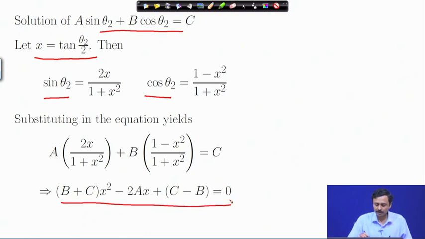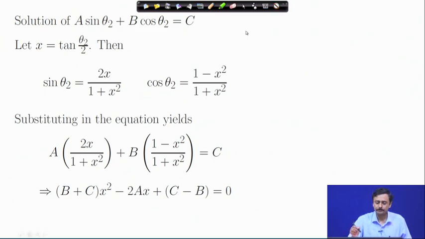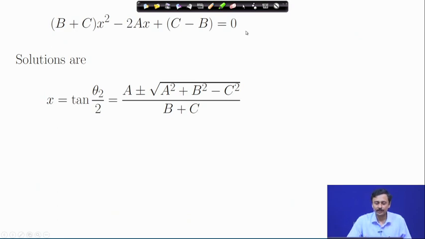We have to solve for the roots of this quadratic equation, and we all know how to express the roots of this quadratic equation in terms of the coefficients. So, let us look at that again. So, this is our quadratic equation. The solutions are given here, and the solution is actually tan theta 2 by 2, and these A, B and C have already been expressed before.